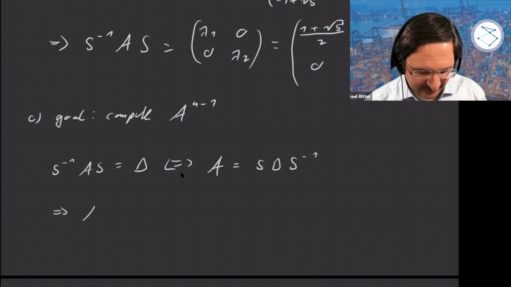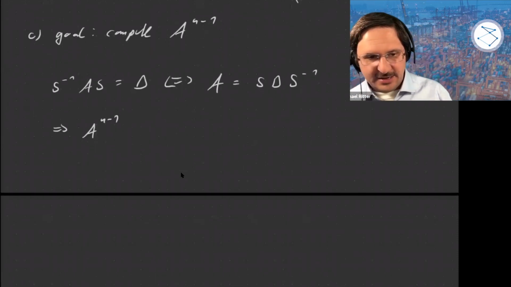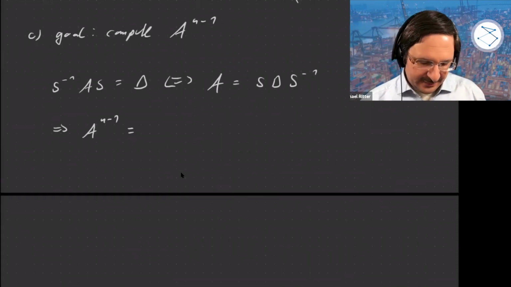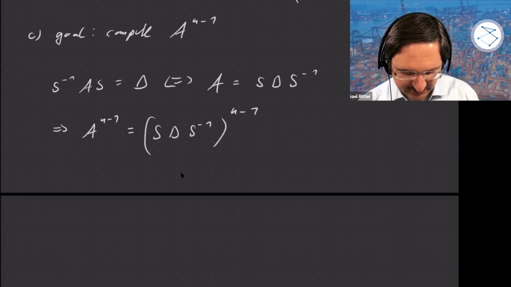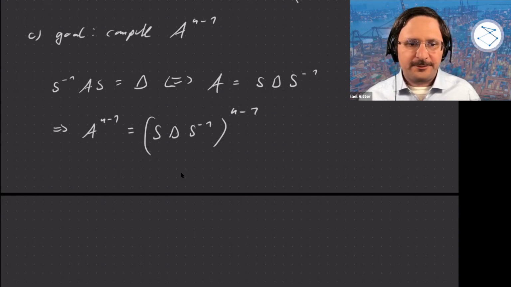What that means now, if we compute powers of A to the n minus 1, that's the same thing as computing the corresponding power of this whole expression here, S times D times S to the minus 1, to the power of n minus 1.